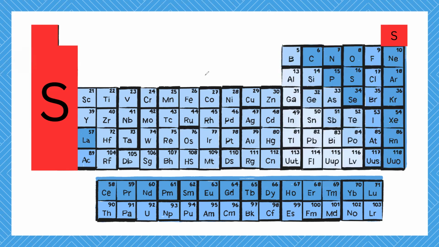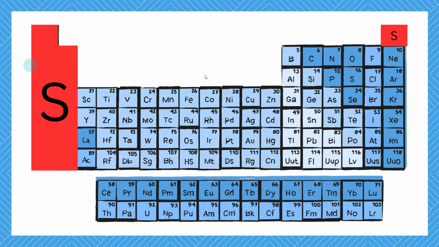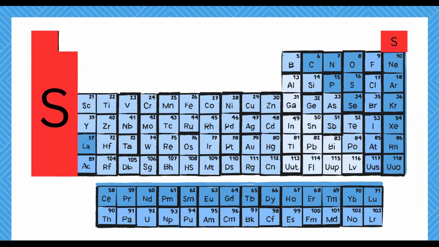If you pick any element that is in the p block, starting from this line that I drew over here, and you draw its electronic configuration, it is going to be located in the p subshell.